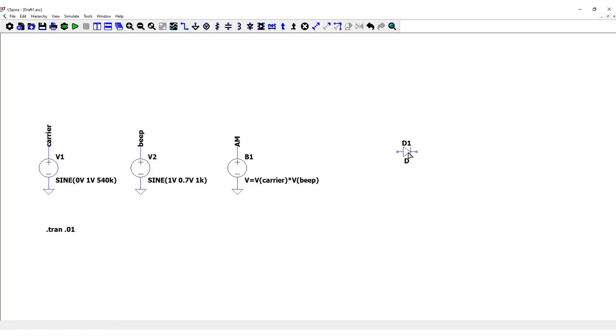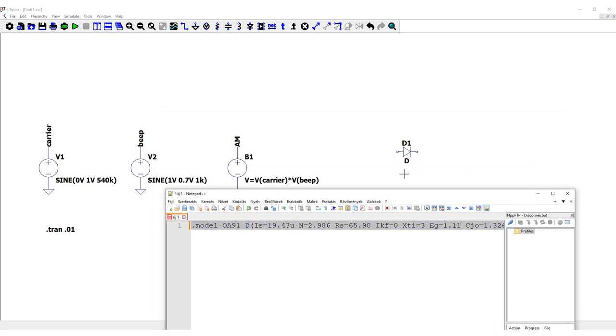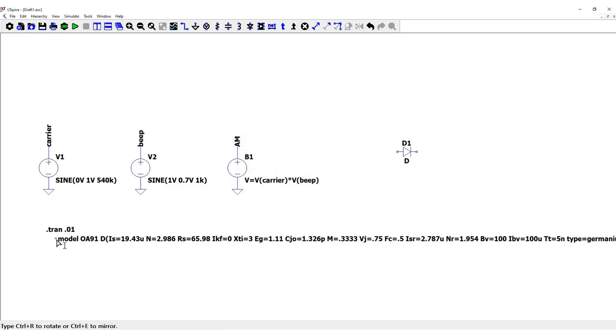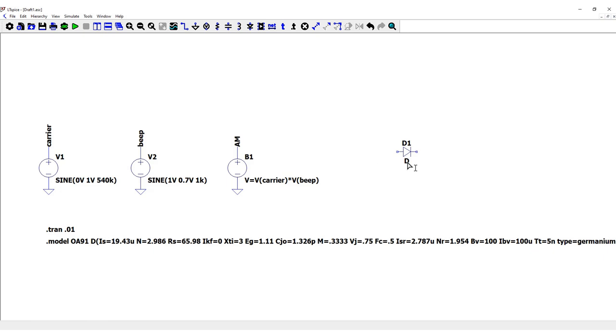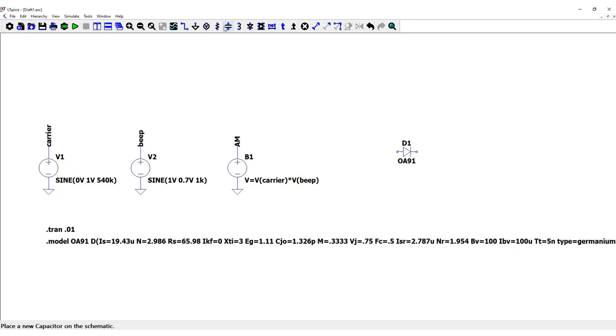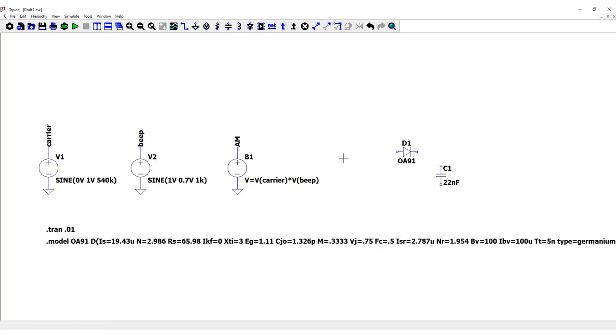So the question is now, which components are needed to demodulate an AM signal? One diode. It's a good choice if the diode is a germanium diode because it has a lower forward voltage. I'm loading the parameters of a germanium diode. And now I put in the capacitor. The value is 22 nanofarad.